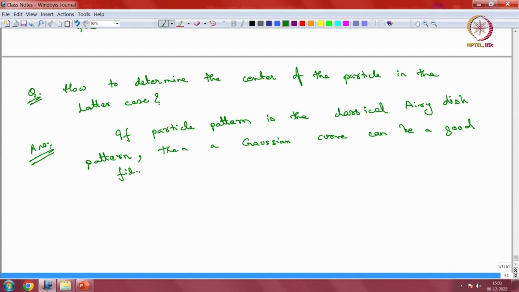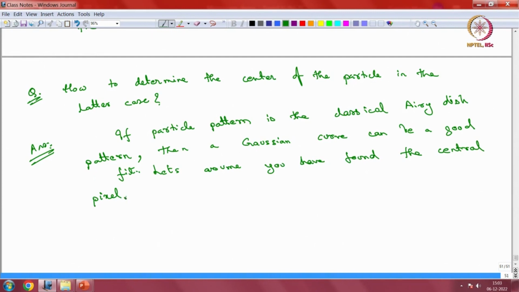But how do you find the center of the particle with subpixel accuracy? So, let us assume you have found the central pixel, the pixel which corresponds to the center of the particle, by maybe locating the brightest point.